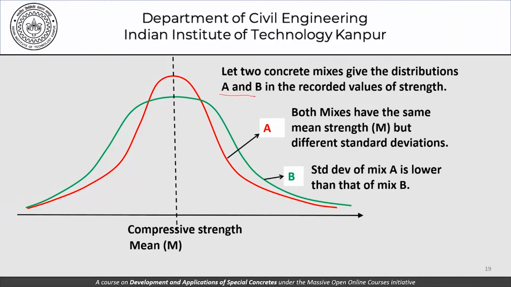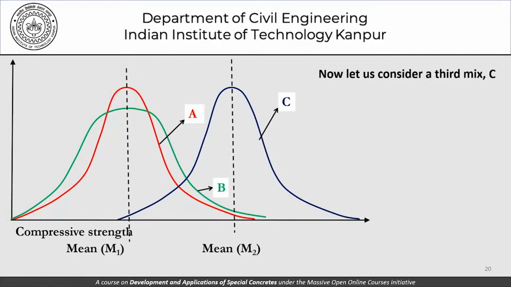The standard deviation of A is lower than that of B. So this peak is sharper here, and therefore the standard deviation is lower, which means that as we have better quality control, we'll have more of the concrete falling within this mean value. There will be fewer deviations, but if the quality control is bad, there will be larger amounts of concrete deviating from this mean value.